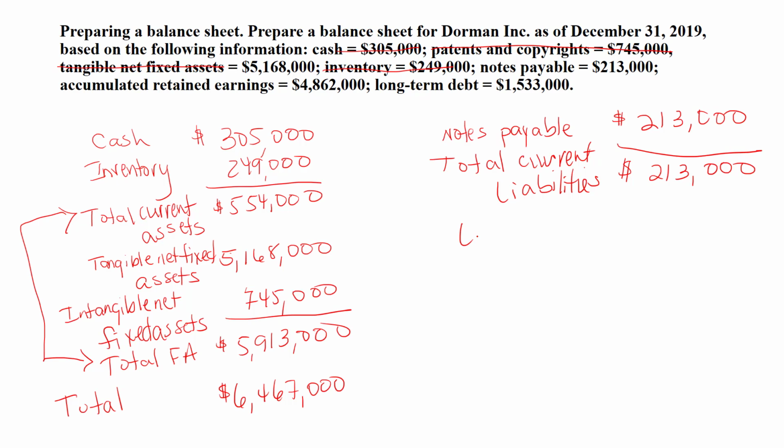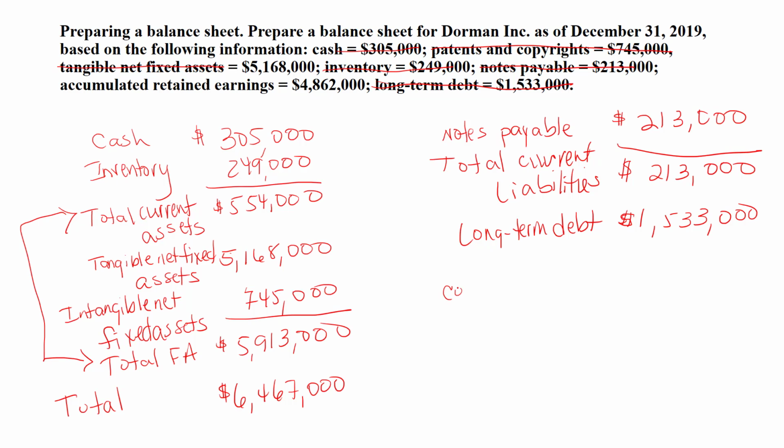Then we have long-term debt, and that is $1,533,000. We'll mark these two off. And for some reason, they don't often total the liabilities. We just move right on to the equity.